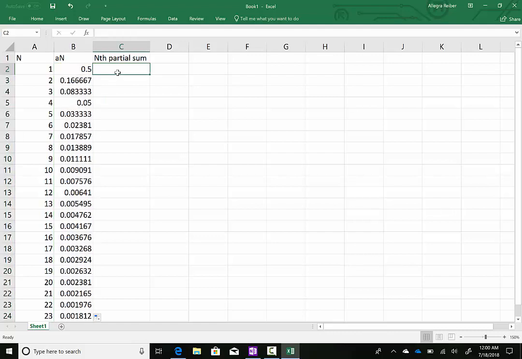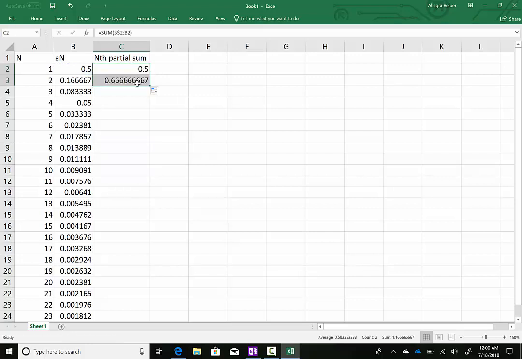Now to do the nth partial sum, what I want to do is add up all terms from the top up to a certain point. So I want to do the sum of this term. I'm going to put a dollar sign right here, and that fixes that, up to the term I'm currently at. So in the first line, the first partial sum is the same.